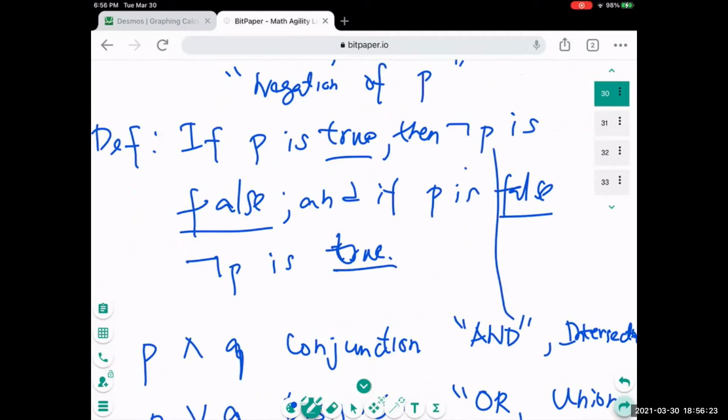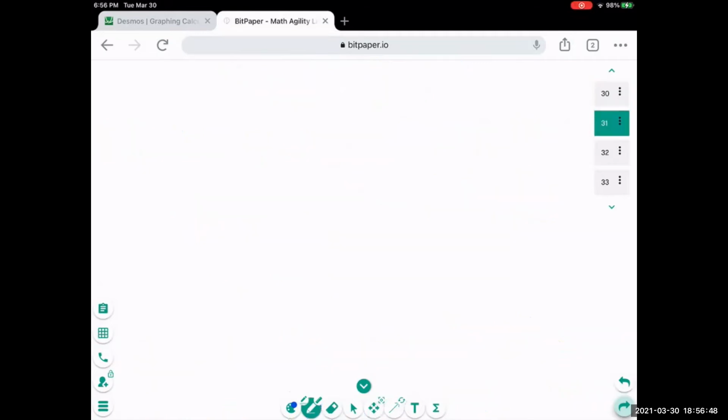So, what else? Na-derive na natin yung truth table ng tatlong basic logical operation. So, let's go sa equivalency. Hold on.